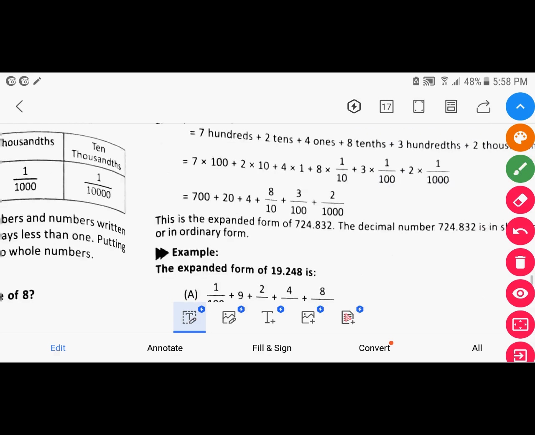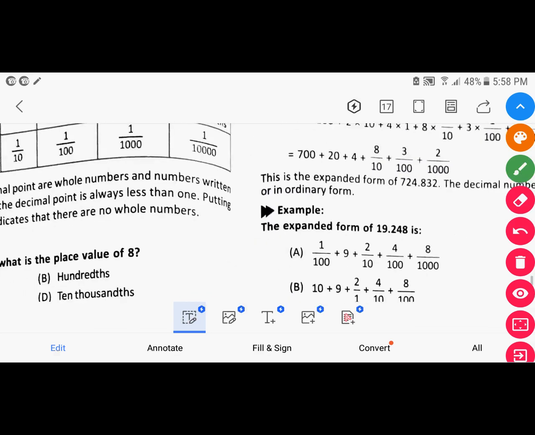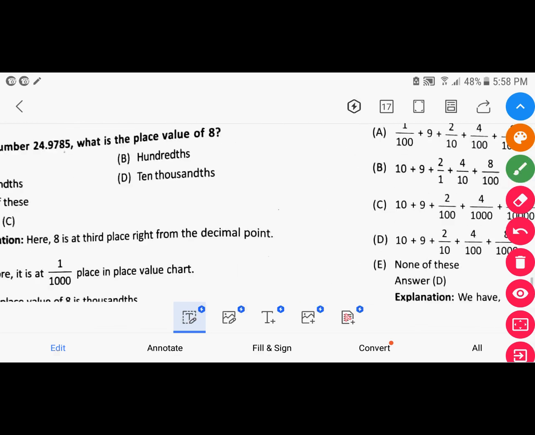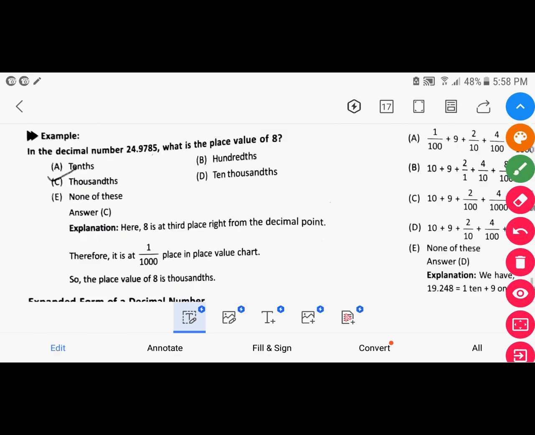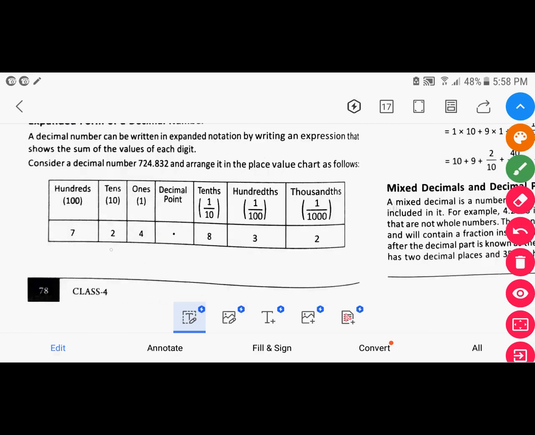Not understood? See, before the decimal point on the left side we say 1, 10, 100, meaning we multiply that number with 1, with 10 and with 100. Understood?